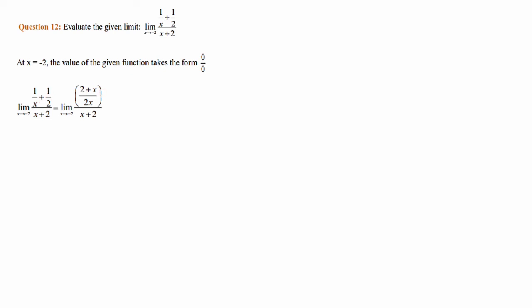So 2 plus x by 2x, by x plus 2. Now you can see the numerator 2 plus x and the denominator x plus 2 can both be cancelled. So we will be having only 1 by 2x. Limit x tends to minus 2, 1 by 2x. Let's substitute it. That is 1 divided by 2 into minus 2, which is equal to minus 1 by 4.